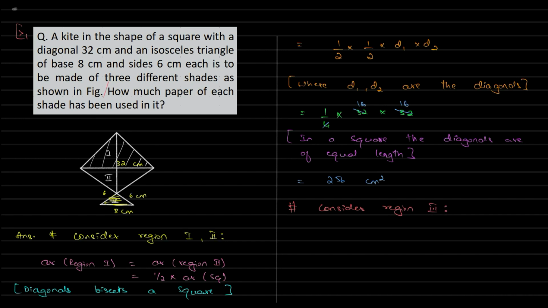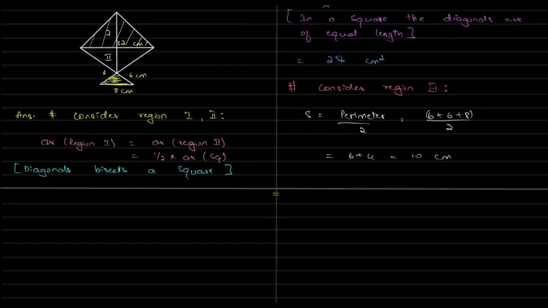For this we need to use Heron's formula, which is to find the perimeter and divide that by 2. So this is 6 plus 6 plus 8 divided by 2. So this will be 6 by 2 plus 2 into 6 by 2 plus 4, that is 10 centimeter. And next part is Heron's formula itself.